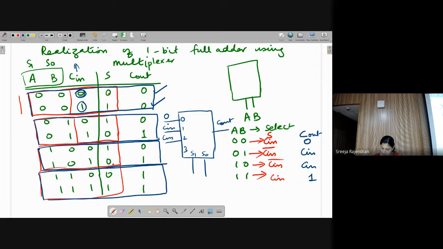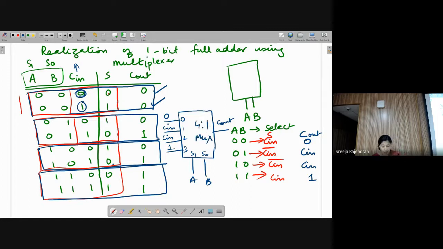Again C in. Last one, 1. Is it clear? Yes or no? Yes? Okay. So now I get a mux. Okay, so I saw how I can generate my sum and carry using 4 is to 1 mux, right? This is 4 is to 1 mux.